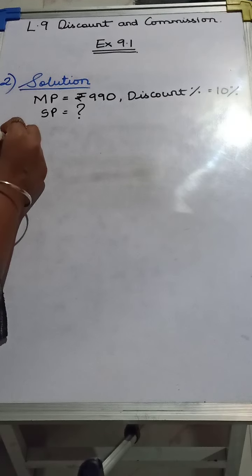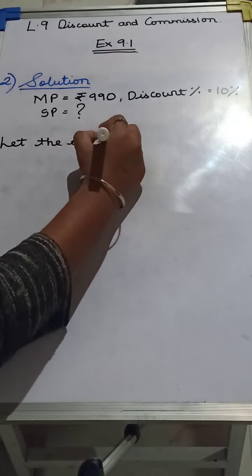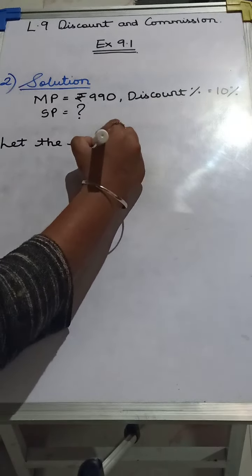So here we will take, let the discount be rupees X. We don't know the discount, so we are going to assume discount as X. So when we take discount as X, what is the formula that we are going to use?